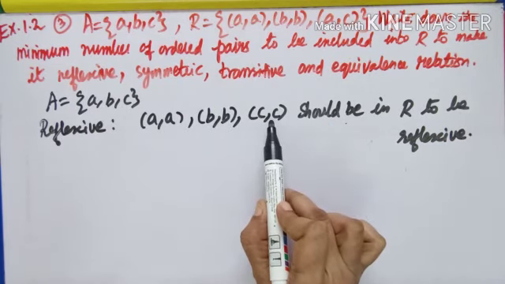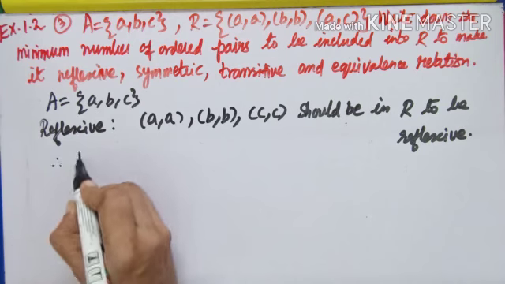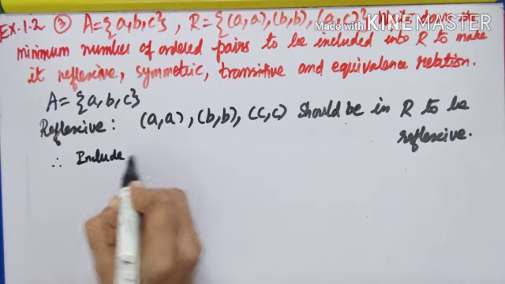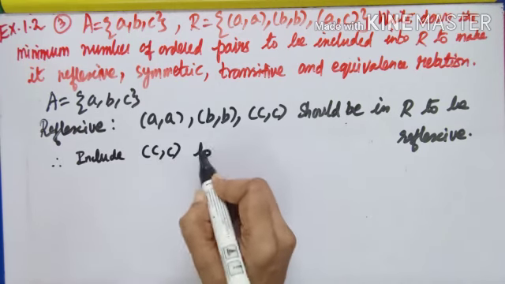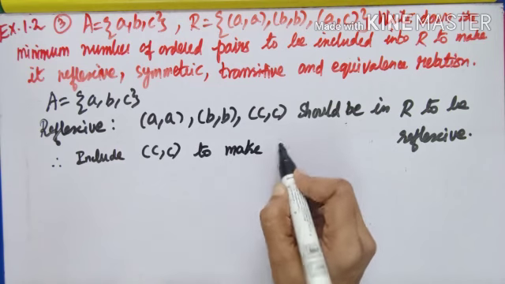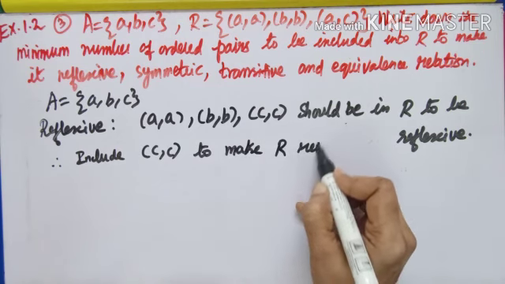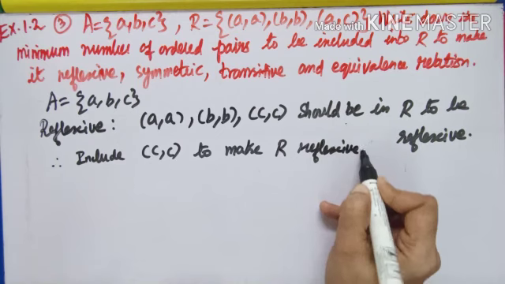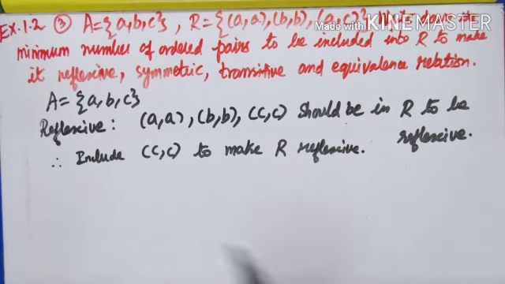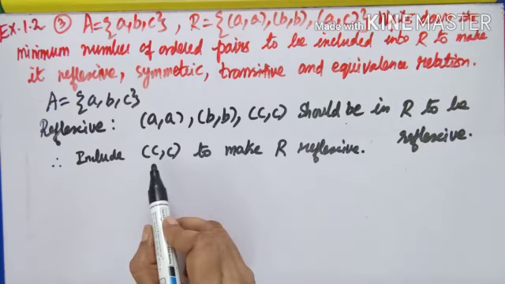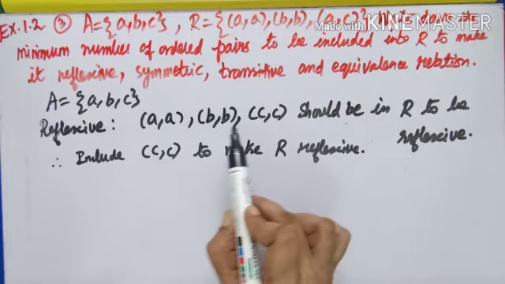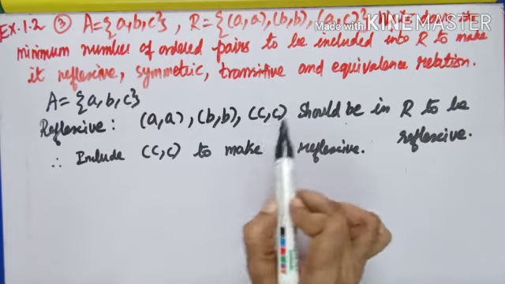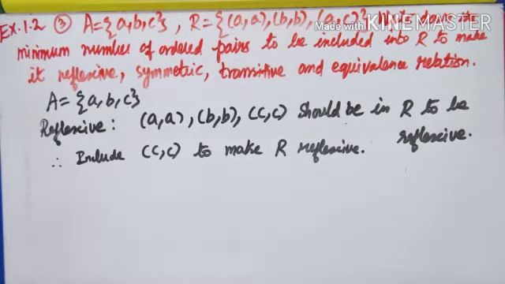Which is not present? (c, c). Therefore, include (c, c) to make R reflexive. Already (a, a), (b, b) are there, so I must include (c, c).